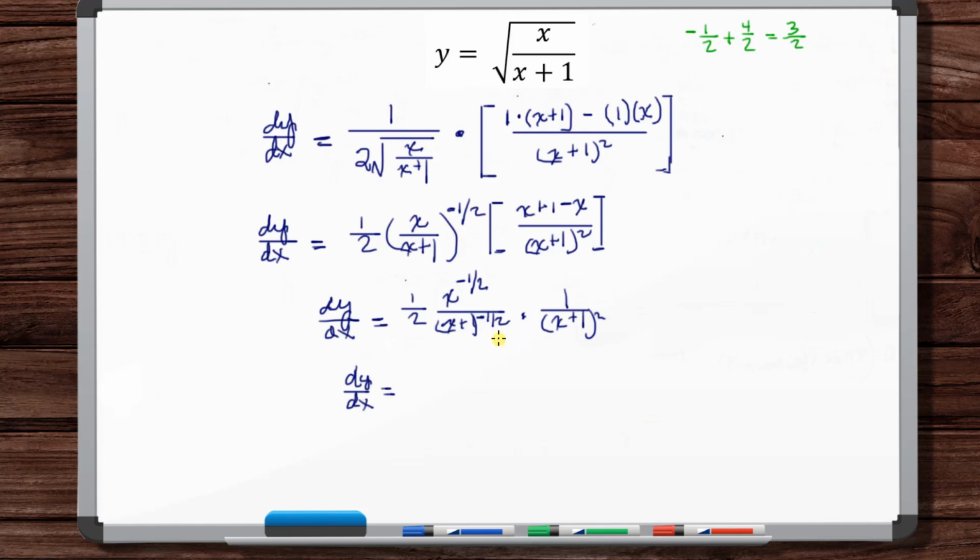So this is x plus 1 to the 3/2. We'll keep that in the denominator. Let's bring this x to the minus 1/2 into the denominator to make this positive, and then we can turn that x to the 1/2 into a root x, and all that under 1. So there you go. That is your final answer.